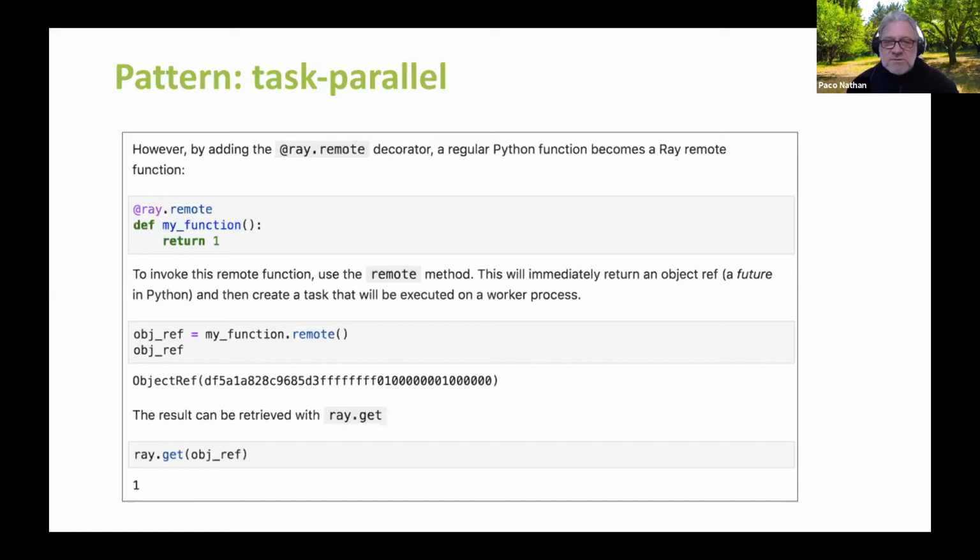To turn it into a remote function, a task, we just add the decorator. Then when we go to call it, we say my_function.remote. We use a remote method that returns what is called an object ref in Ray, although in Python you would probably hear this called a future.